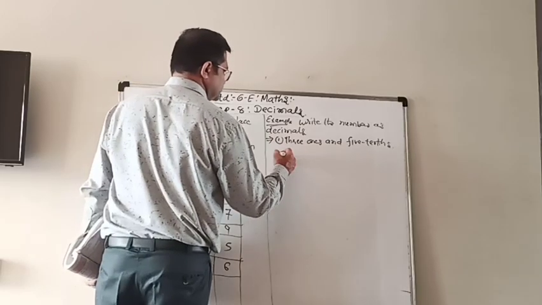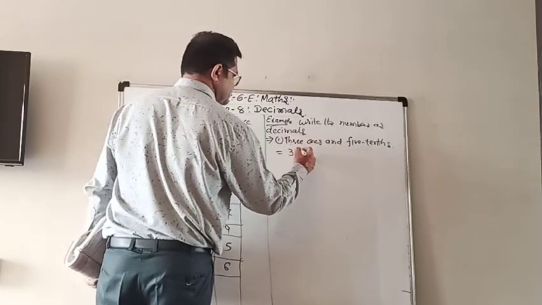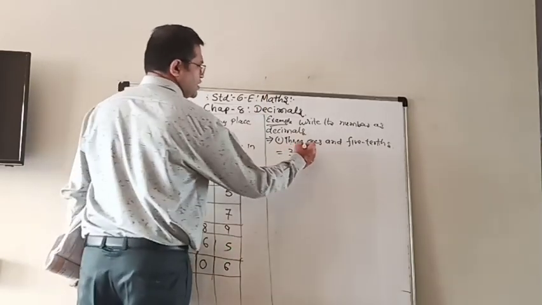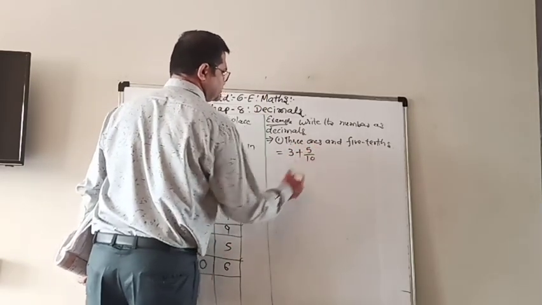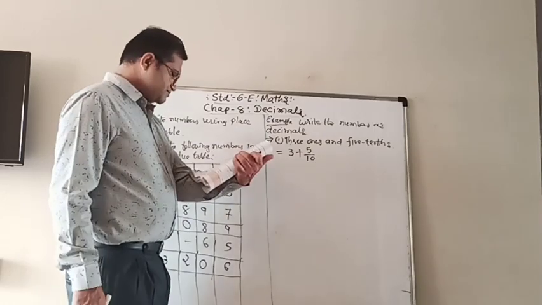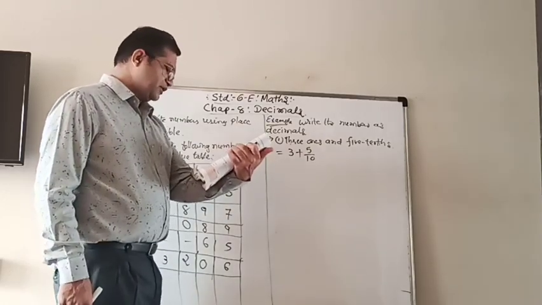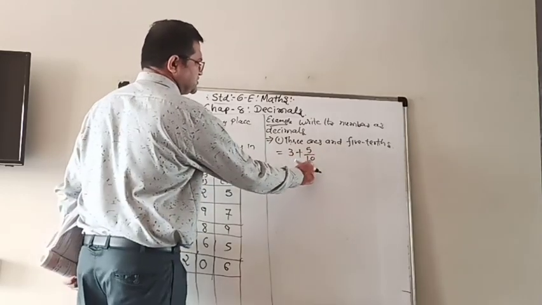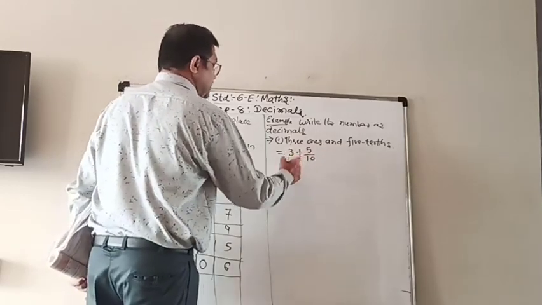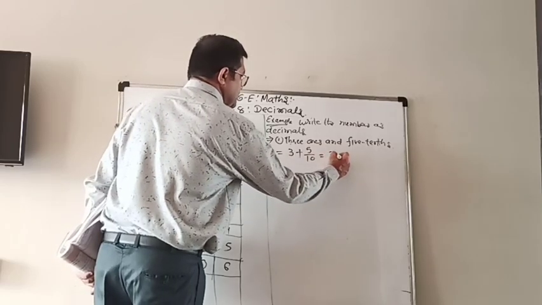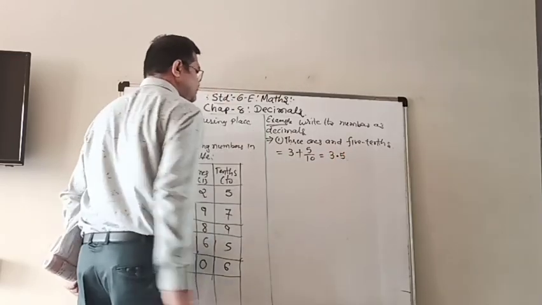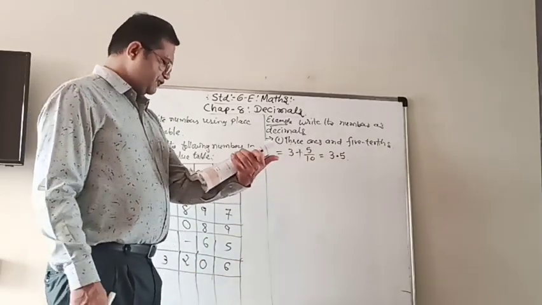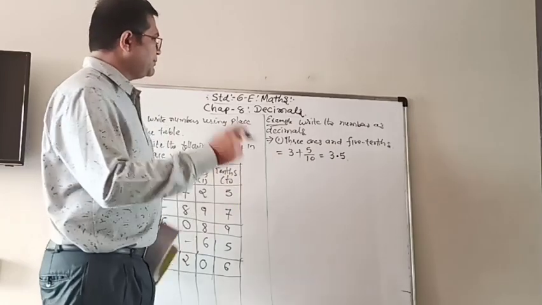So now 3 ones means 3 plus 5 tenths means 5 upon 10. That is 3 plus 5 upon 10. So now that is the tenth place, so that will be written as 3.5. So 3 ones and 5 tenths can be written in the form of 3.5.